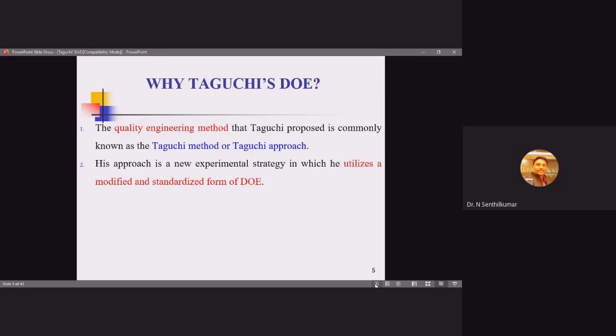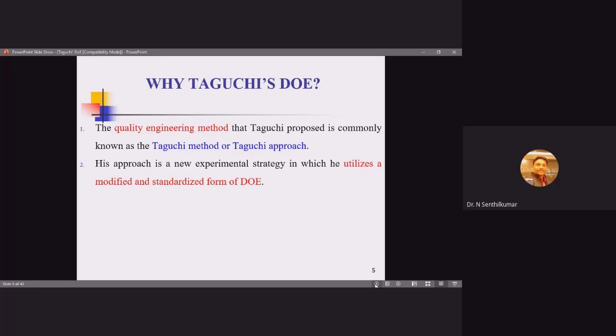Right? So Taguchi, instead of adopting some other designs, developed a new design. He produced a modified and standardized form of DOE by adopting the Latin square, which we will see in the coming slides. He formulated a standardized form of experimental design in which all the combinations are available. What are the combinations?